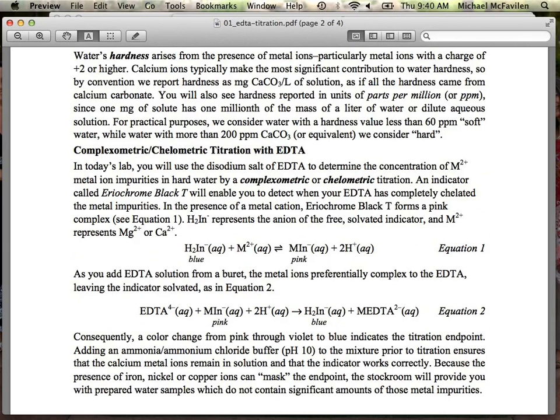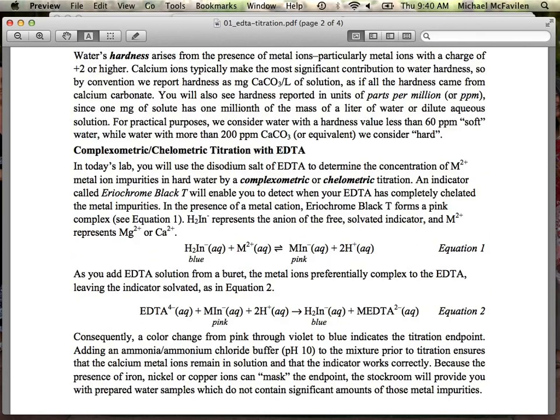So we want to come up with some way where we can standardize it and get that into an easy way to add. That's why we shift to a solution. What's the problem with using a solution, though? What's the concentration? How much EDTA are you adding? When it was pure EDTA, you know it was just EDTA.